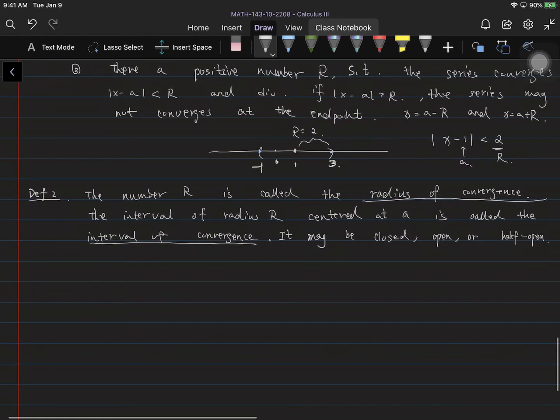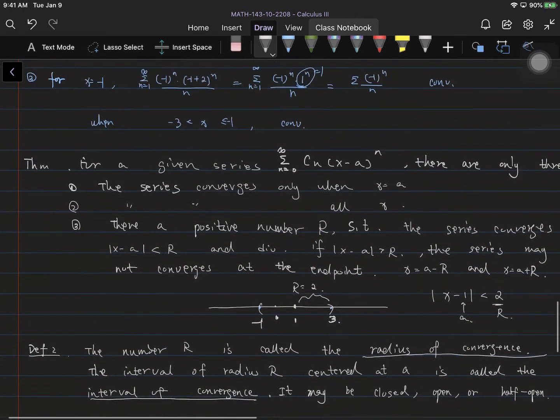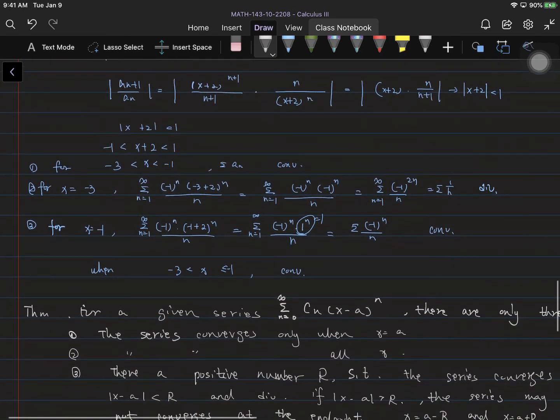Okay, so what's the meaning? If we look at the previous example, we get something like x minus 2 needs to be less than 1. So what is our radius? That is 1, right? And for example 2, let's take a look at the exercise problem.